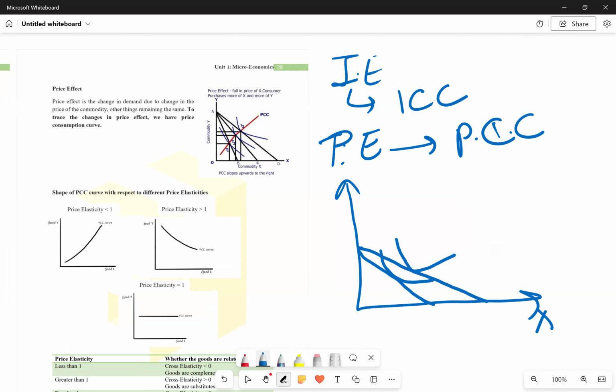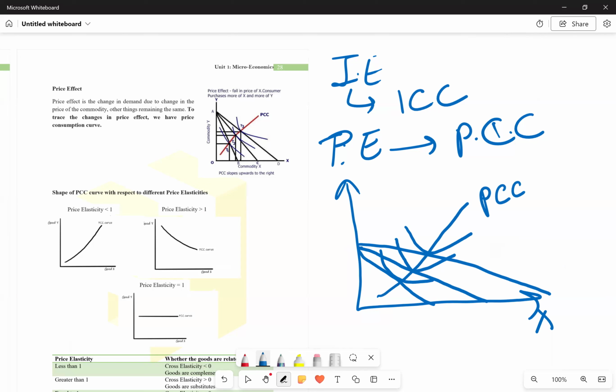Similarly, price falls further, and this becomes your third point of equilibrium. So when you join these points of equilibrium, you will get PCC.